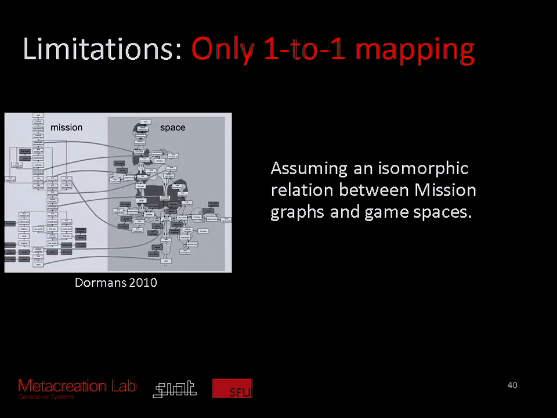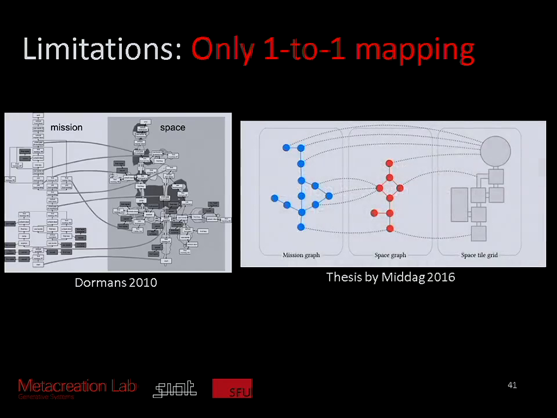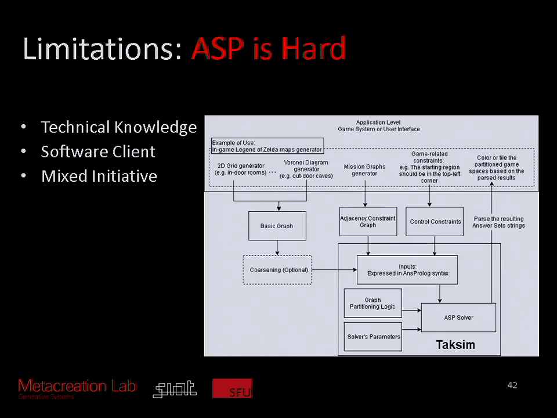We hope that in the future, possibly by introducing a middle structure, like the space graph, we can first map the mission graph into that and then generate the level. And finally, in 1 minute, good timing, ASP is hard. We don't expect the designers to be expressing these constraints by actually writing code.